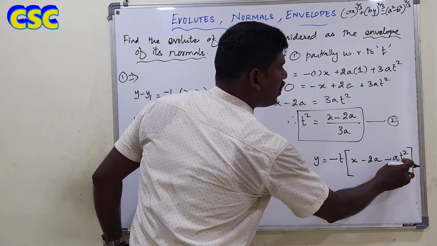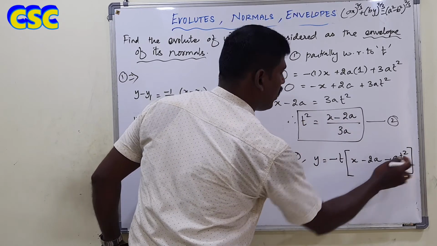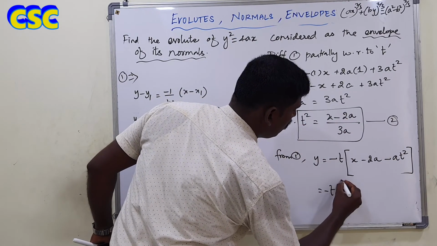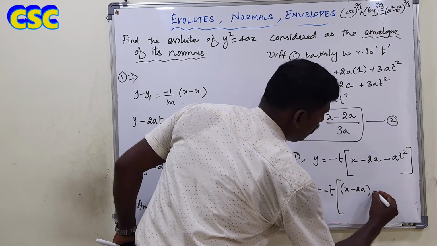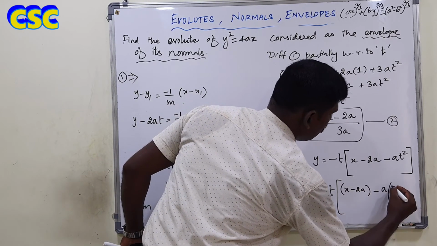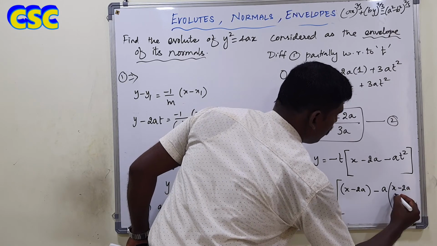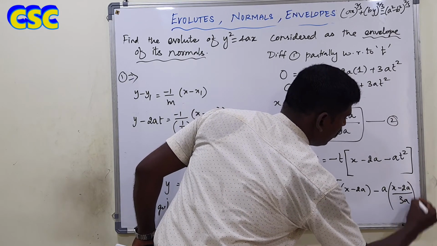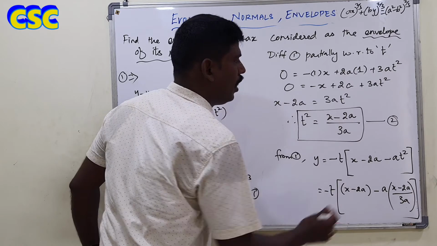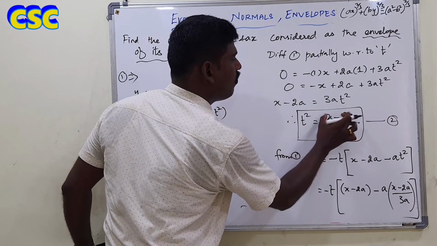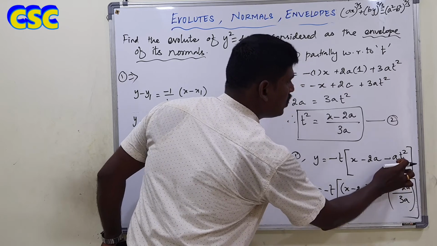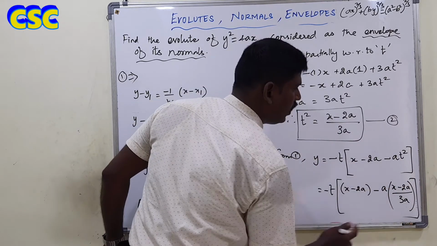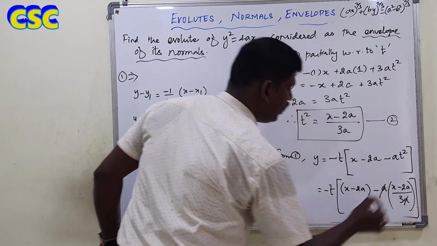Now I am going to substitute the value of t square here. So minus t into x minus 2a minus a into x minus 2a by 3a. I am just substituting this value of t square, x minus 2a by 3a, here. So minus a into, what is the value of t square? X minus 2a by 3a. Now I can cancel that a with a. Right?